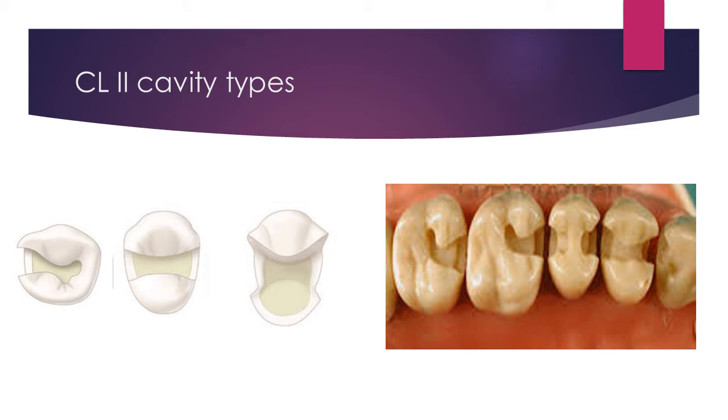Or DO if the box is located distally. D is the distal and O is the occlusal. Or it may be MOD, which represents two boxes, both mesial and distal. M is mesial, O occlusal, D distal.